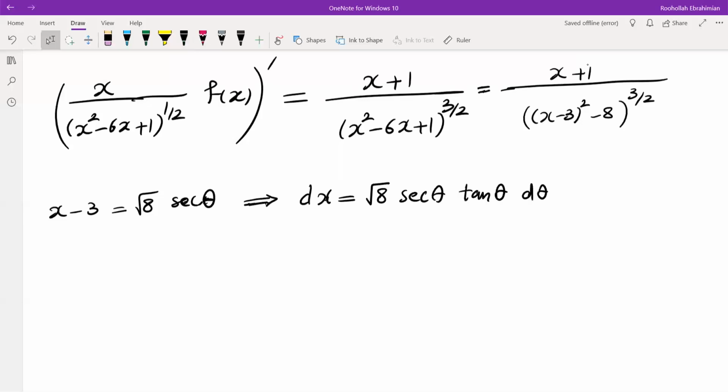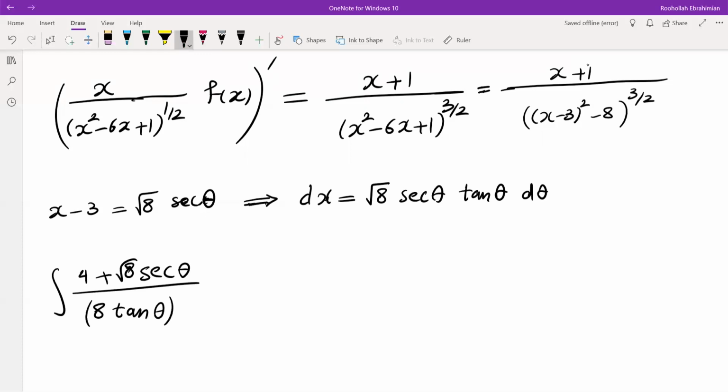So I can take that and plug it into the integrand and evaluate the integral. Let's see what we get. x is 3 plus root 8 secant of theta, so x plus 1 becomes 4 plus root 8 secant of theta, divided by, at the bottom, 8 times secant squared minus 1, which is tan squared, so tan squared of theta raised to the power of 3 over 2.